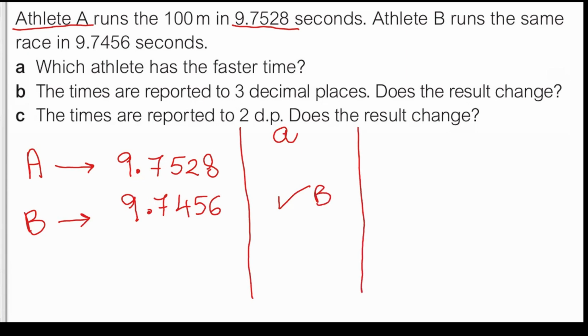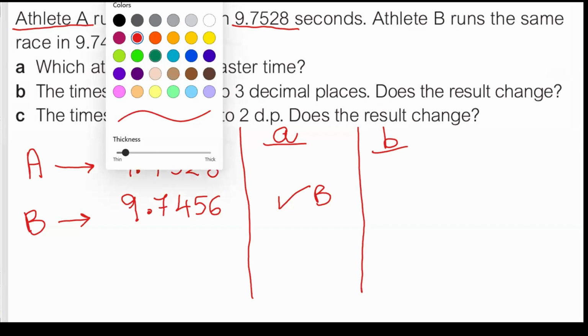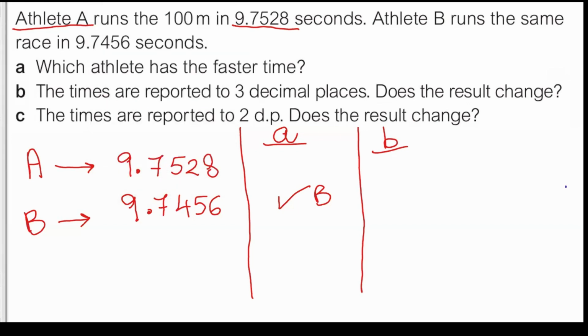Question B, the times are reported to 3 decimal places. So the first thing you need to do is round to 3 decimal places. So 1, 2, 3. Let's round first.